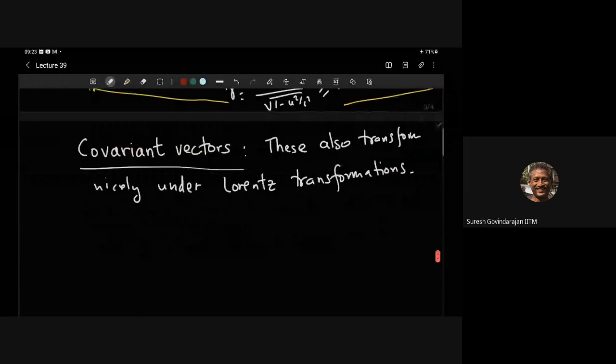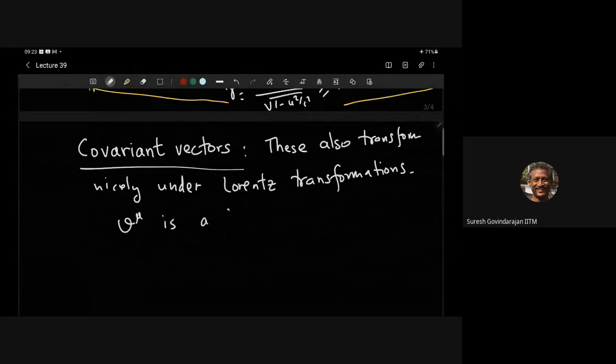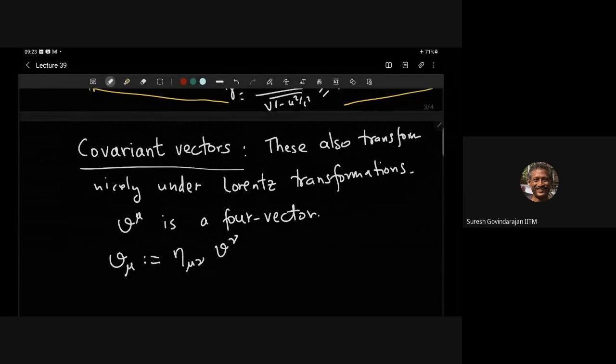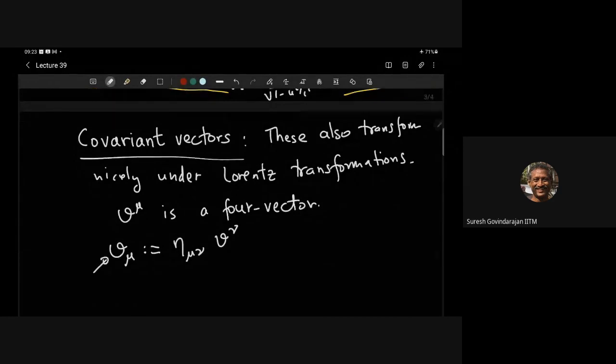Let's say V mu is a 4-vector. Starting from that, I'll define V lower mu, this is a definition, as eta mu nu V nu. This fellow is called covariant.